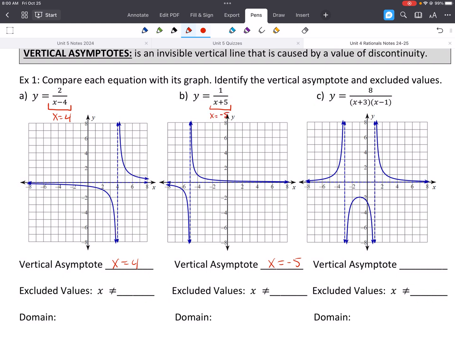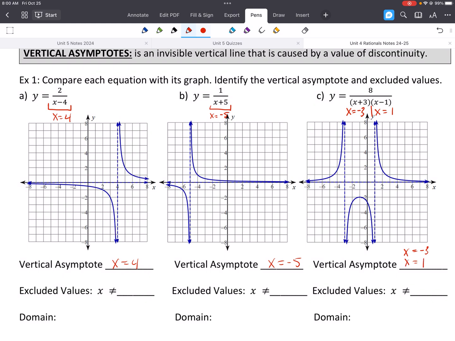And then for c, we have 2 factors in the denominator, so we're going to end up having 2 vertical asymptotes. So we'd have either x would be negative 3, that would make this factor 0, or x would have to be 1. So we'd have these 2 vertical lines.